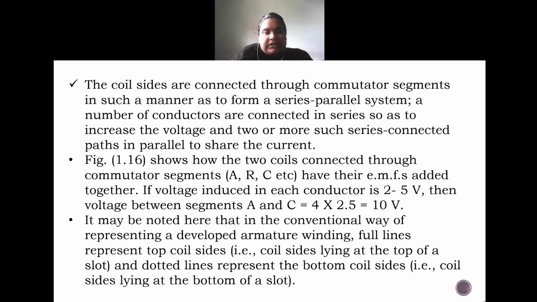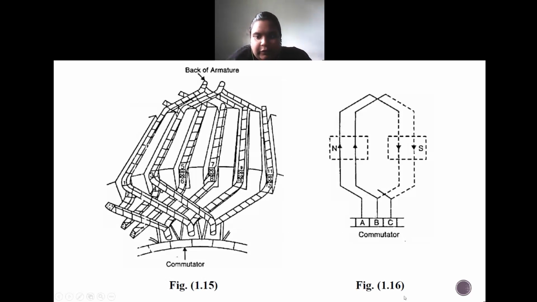Figure 1.16 shows how two coils connected through commutator segments A and C have their EMFs added together. Here in this figure 1.16, the EMFs are being added together.